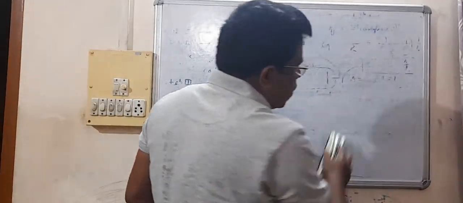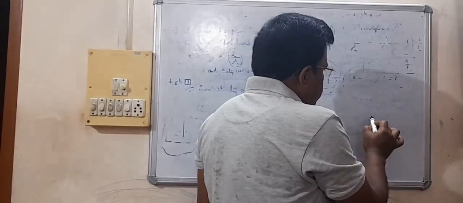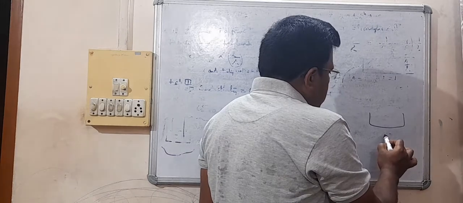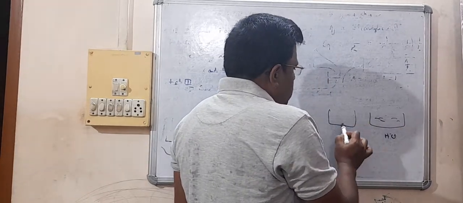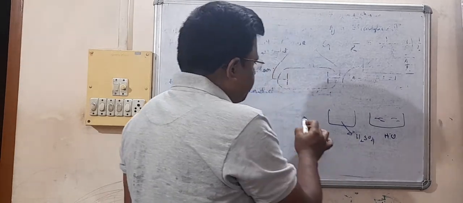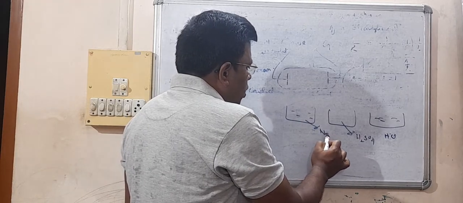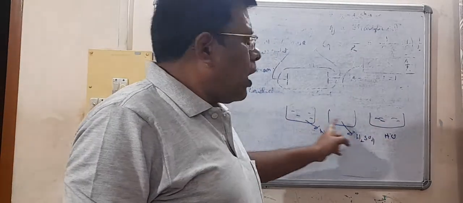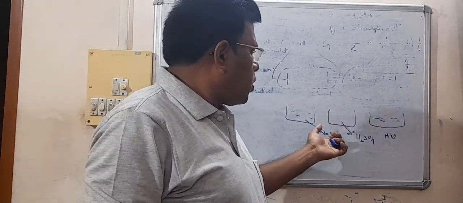Now suppose here we have HCl solution. Suppose here we have H2SO4 solution. Suppose here we have NaCl solution. These different solutions will have different conductance, that we know.